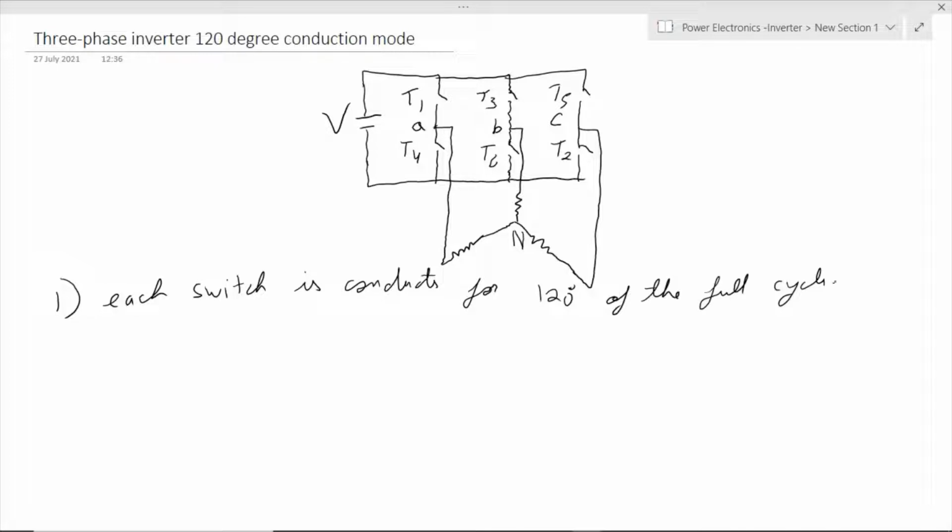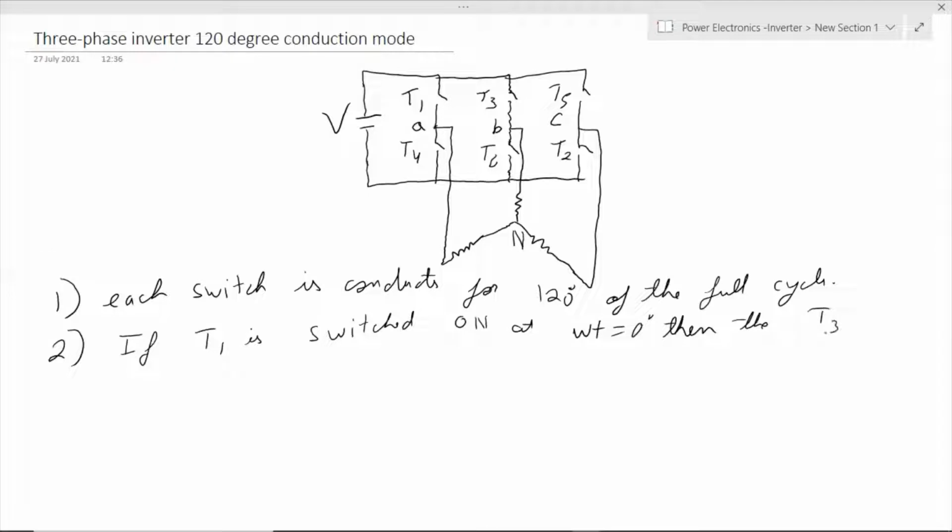The second point is the same as before. If T1 is switched on at omega t equal to 0 degrees, then T3 will be switched on after 120 degrees of delay, because we have to generate a three-phase supply.